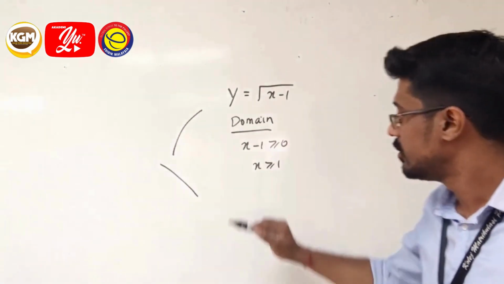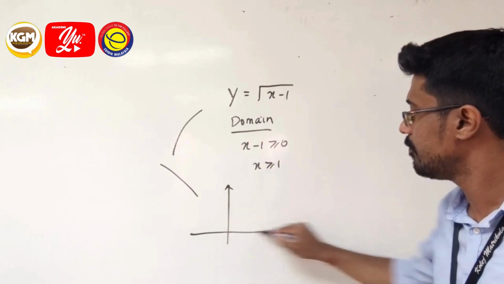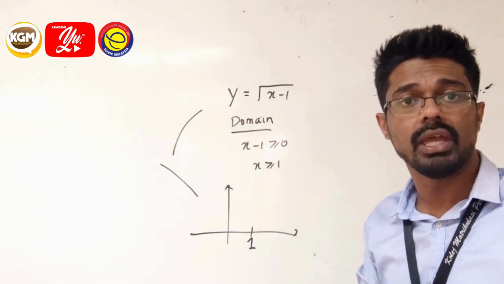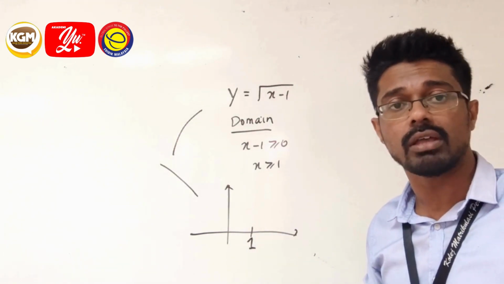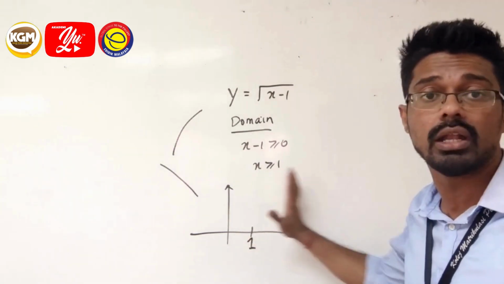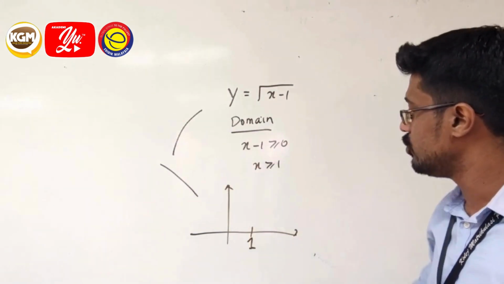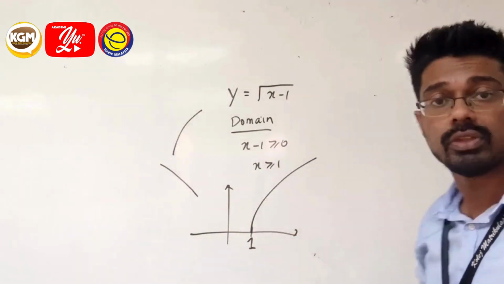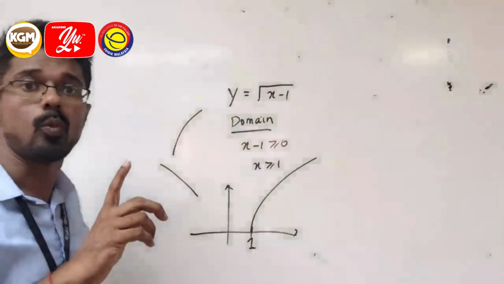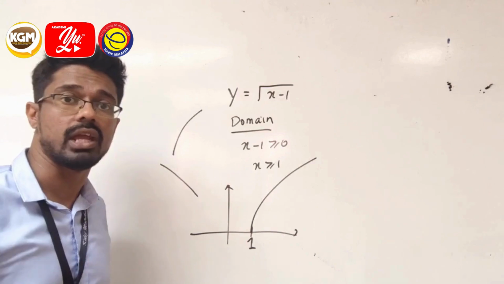Let us do that. Here, I go and stand at 1. I know domain is the values of x where the graph exists. So the graph exists for x greater than 1 on this side. I'll follow the shape, start here, that's it, simple. And now we can state the range.